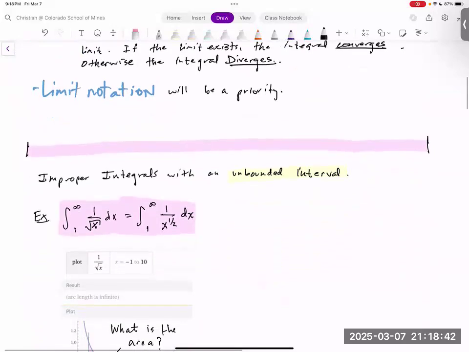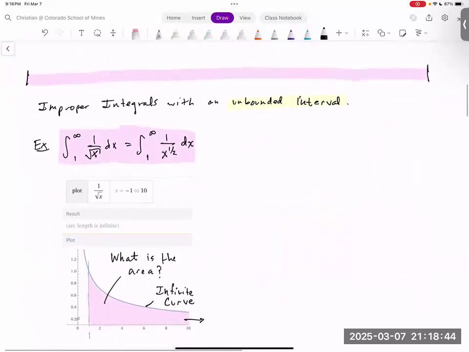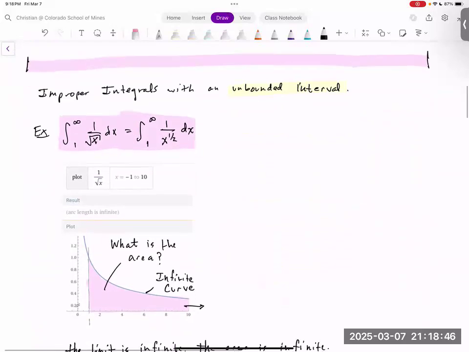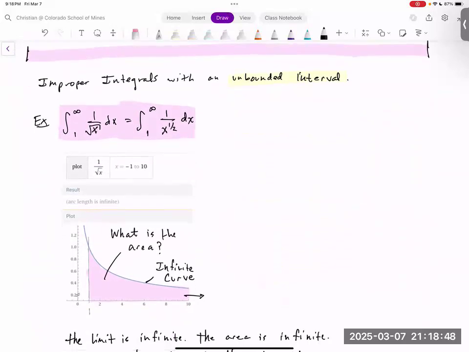So let's look at improper integrals with an unbounded interval. Say 1 to infinity of 1 over root x dx. That's the same as 1 to infinity, 1 over x to the half. This is a p integral with p being 1/2, and we're going to be in the habit of comparing that to 1. It's less than or equal to 1.